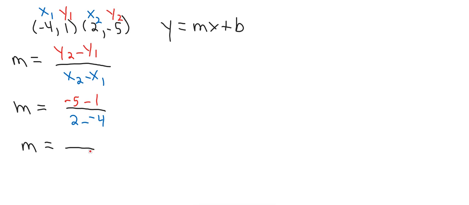So negative 5 minus 1, that is negative 6. And 2 minus negative 4, that's the same thing as 2 plus 4. Those two negatives become a plus. So 2 plus 4 is 6. So then we have m equals negative 6 over 6, which is negative 1. So we just got a slope of negative 1 there.